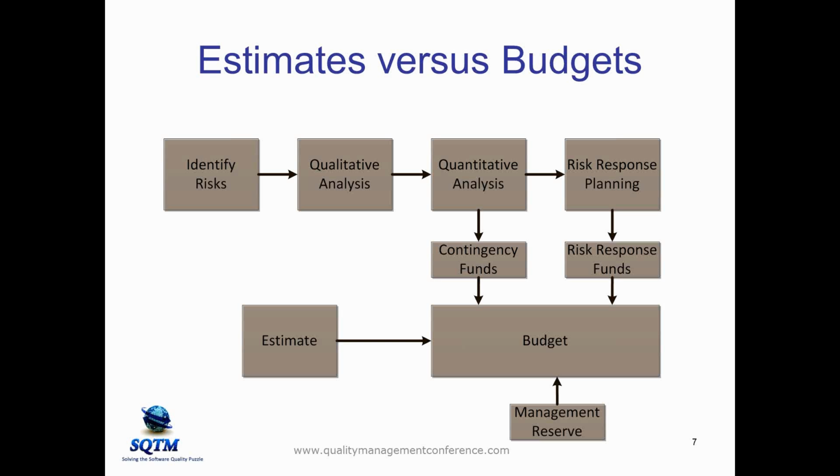If we look at those mitigation activities, many of them will have a cost associated with them, the cost of the insurance or the cost of the higher-priced consultant, etc. So we need to budget for that, and have those risk response funds available. We also need contingency funds for situations where risks do start to become a problem and our response planning involves additional costs.